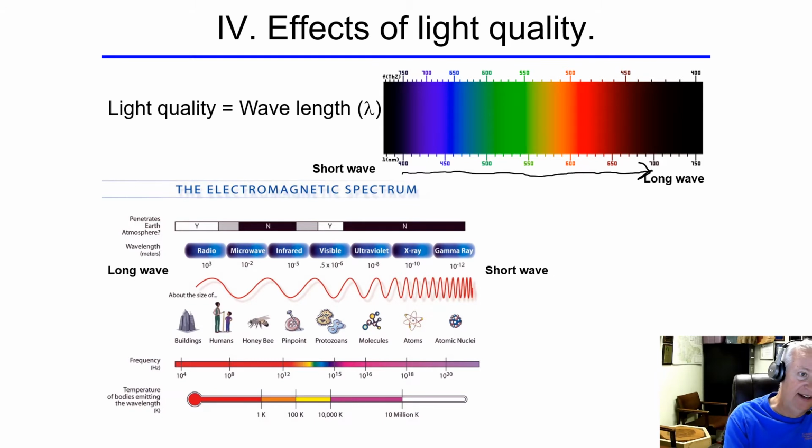So down here at really short wavelengths, we're dealing with UV, ultraviolet wavelengths, for instance. Out here into the long wave, we're talking about far red, which is sort of the wavelengths right beyond red, and infrared.